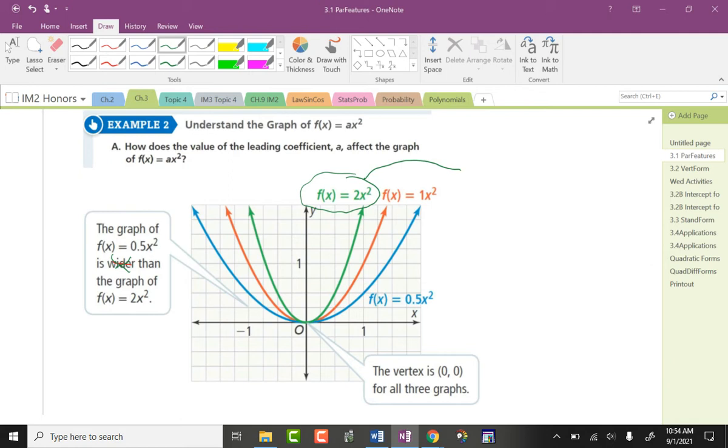Let's start with the green, which says 2x squared. What we will call that is a stretch vertically by a factor of 2, but I'll just say by 2.